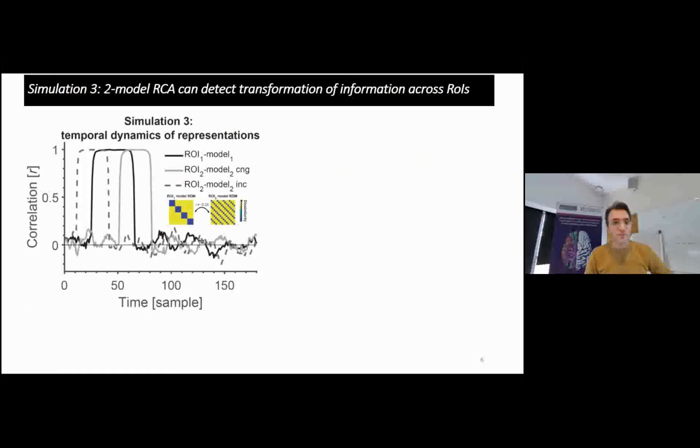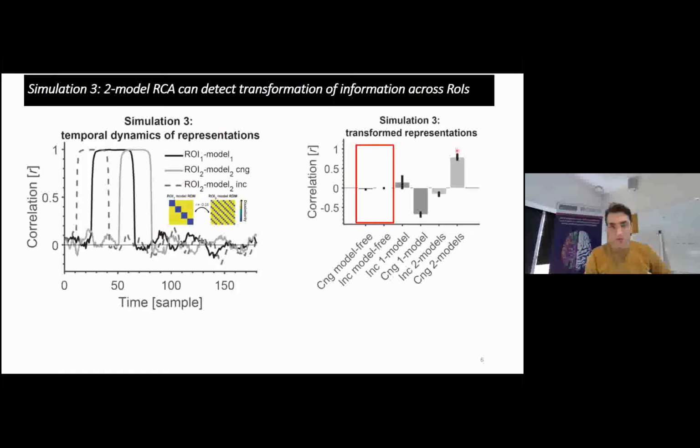To do that, we simulated a situation where the first area shows the representation, and then the second area after a delay, which we call the congruent case, in which information appears in the first area and moves to the second area. And we wanted to know how we can pick up this kind of pattern, like transformation from the first region to the second one.